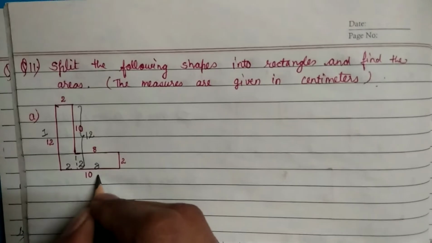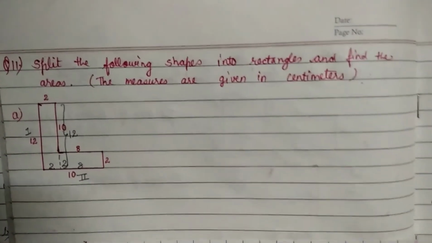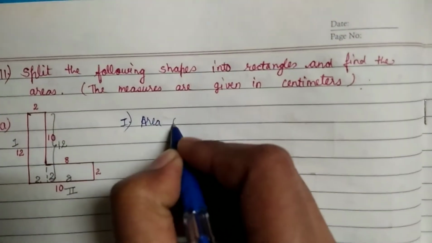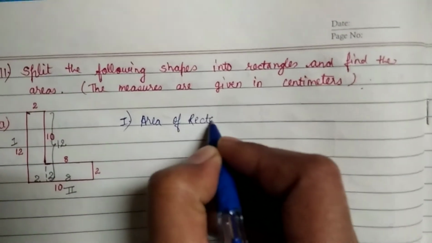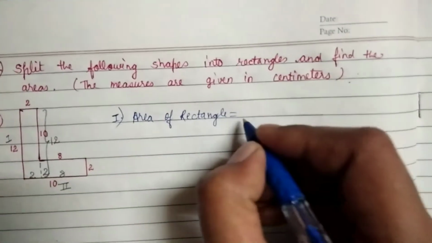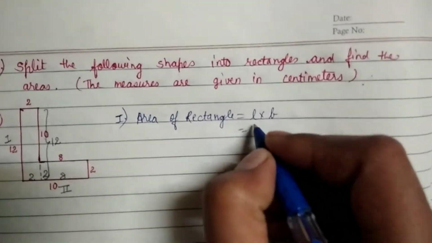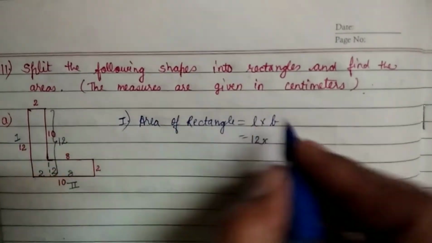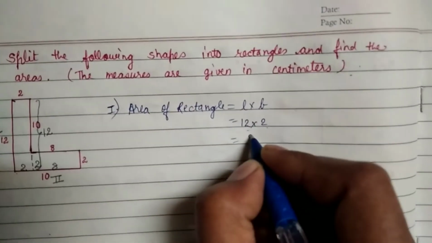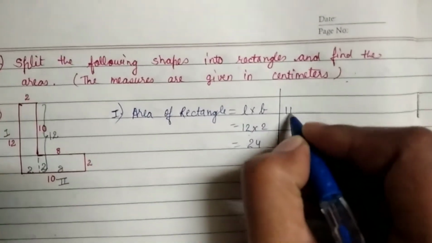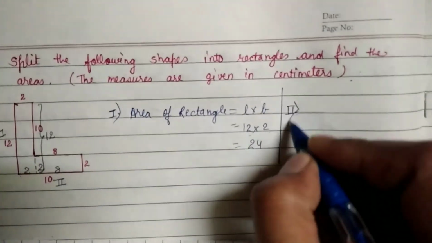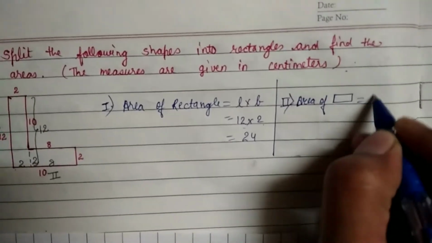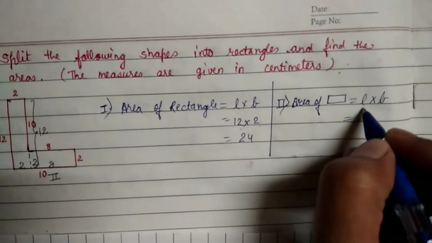If this is the first rectangle and this is the second rectangle, we will take out their areas. First one, area of rectangle is length into breadth. In the first one, length is 12 and the breadth is 2. So 12 twos are 24. Now we will take out the second one. For the second one, same as previous, area of rectangle is length into breadth.